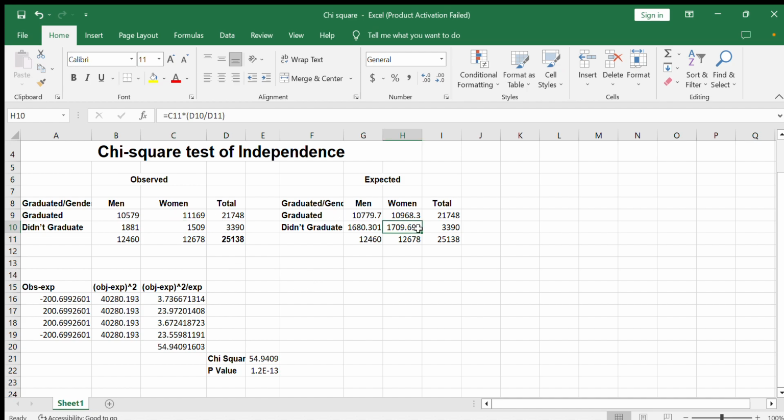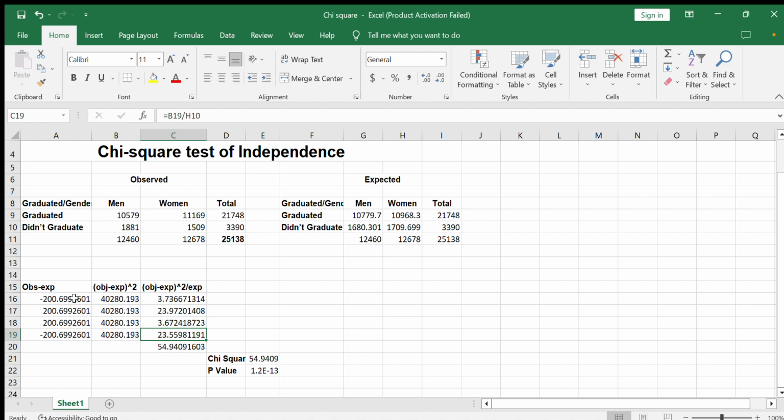Step 2, you get the expected values, and then you get the observed minus expected values, and then the observed minus expected all squared. Then you have the observed minus expected all squared divided by the expected. If you look at the chi-square formula, this is the step-by-step procedure in finding chi-square.